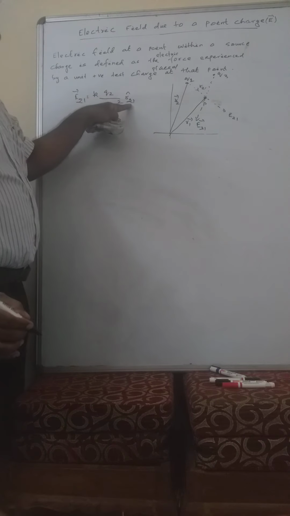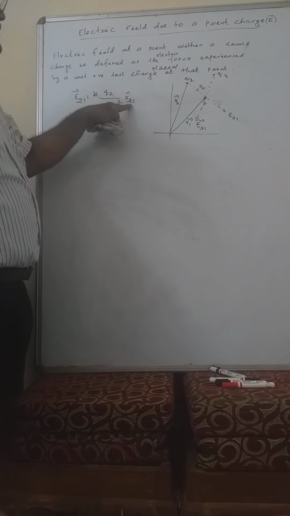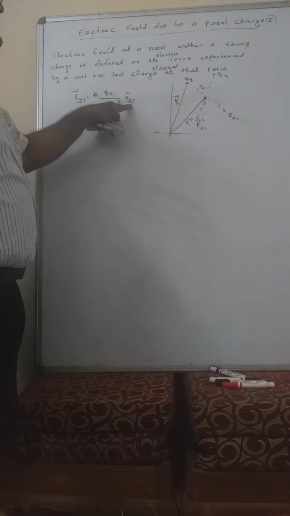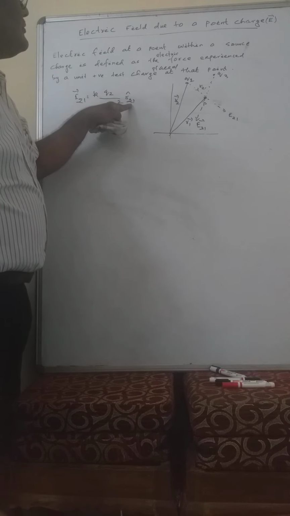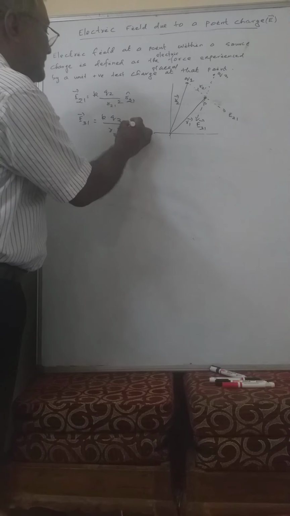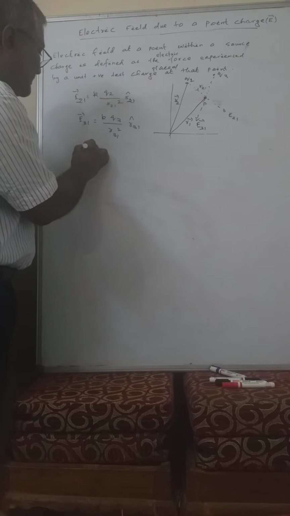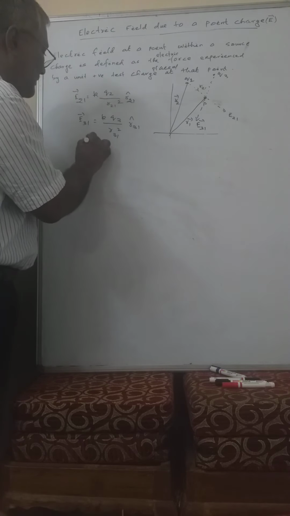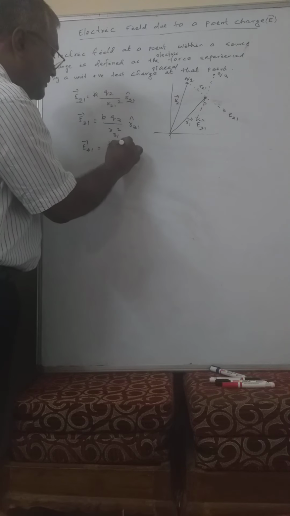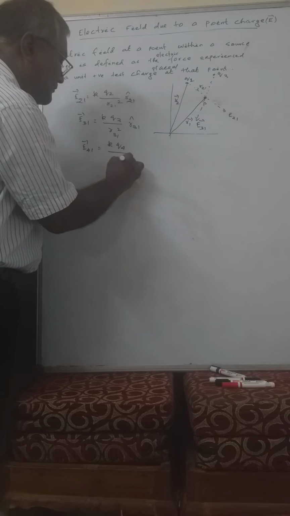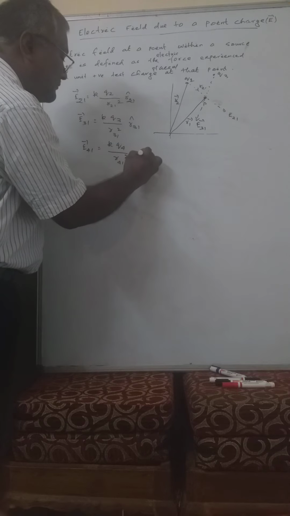What is r21 cap? This is a unit vector, representing the direction of electric field due to Q2 charge. Similarly, it will be r31 cap. Similarly, for the fourth charge, E41 will be K Q4 by r41 square into r41 cap.